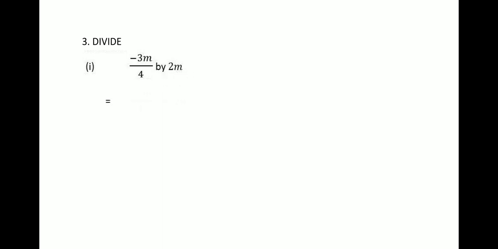Over here, minus 3m by 4 divided by 2m. We can write it as minus 3m by 4 multiplied by the reciprocal of 2m, that is 1 upon 2m, where m and m can be cancelled. So you'll get minus 3 in the numerator, and down there 4 times 2 gives us 8. So minus 3 by 8 is your answer.